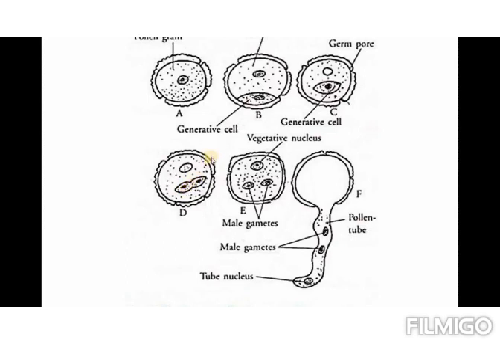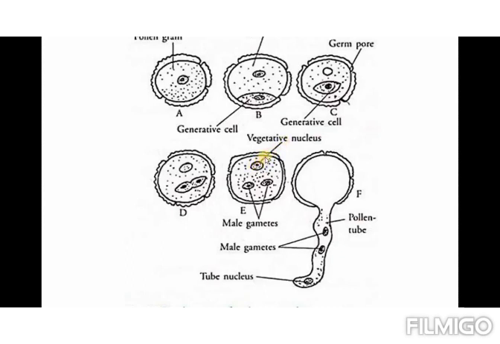Now, slowly this generative cell again will go for a mitotic cell division, the second mitotic division, and this generative cell will divide into two, and these two are called the male gametes. You can see in E diagram there are two male gametes, and this was the vegetative.